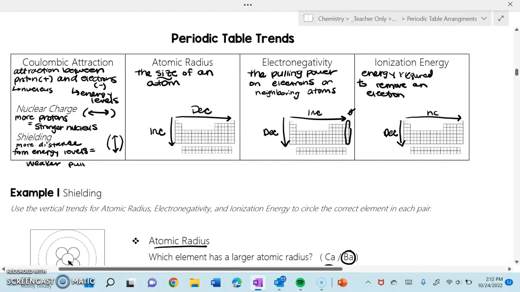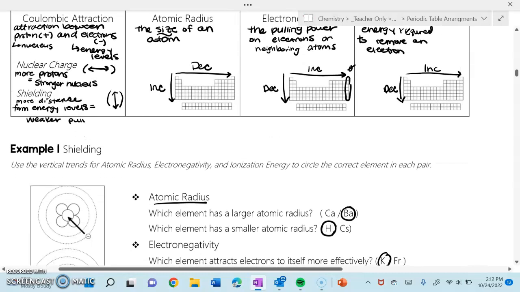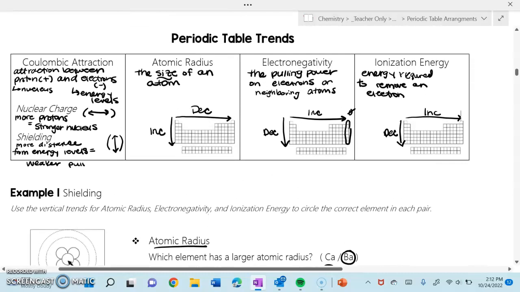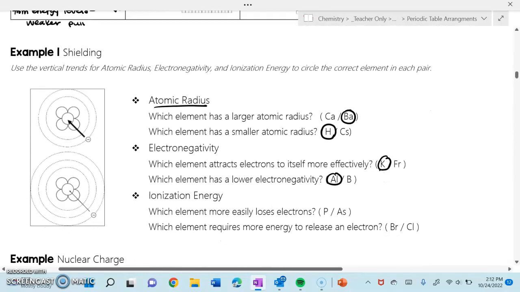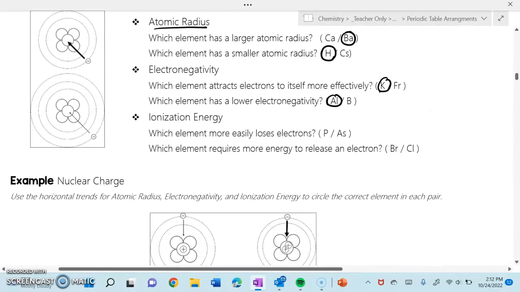This time the noble gases are included in the trend because you think about their electrons, they're very stable with 8, they're happy with 8, they do not want to have an electron stolen from them, so they have a very, very high ionization energy. So here are our 3 trends. Let's now finish up with the examples for ionization energy, and then we will be finished.